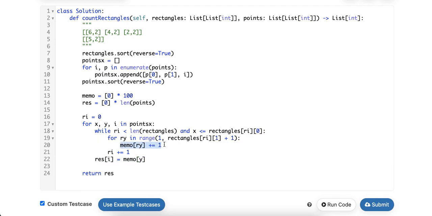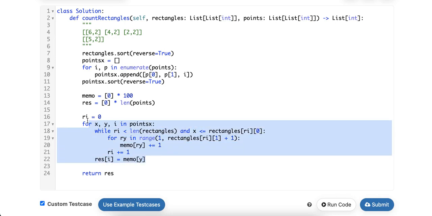So here, yes, the x of the rectangle doesn't necessarily mean that the point is inside the rectangle, but we don't care about it because we calculate all the possible y of the rectangle. If the y is within the ry here, definitely it will have a value. If it is not, then it will have the 0, right? So that's why this works.